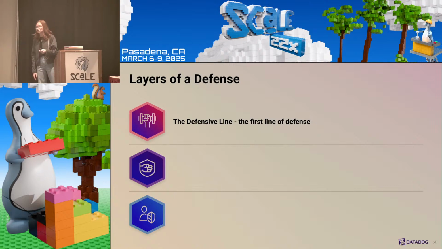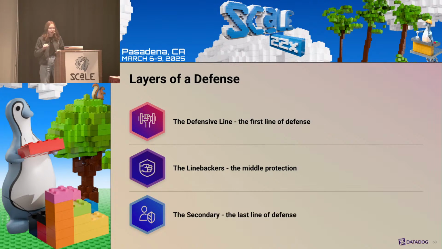And they are the first line of defense. Okay, kind of makes sense, the defensive line, first line of defense. But then we have the linebackers. And these players, they're in the middle. They are the middle protection. And then lastly, we have the secondary, which they are the last line of defense. They're kind of like the, oh crap, we need you right now.